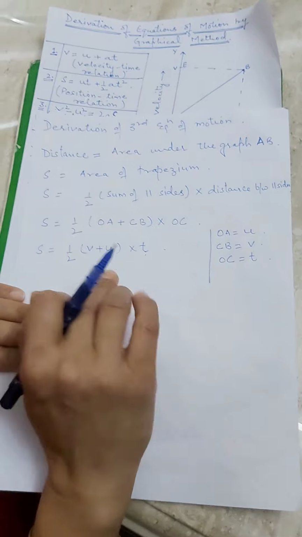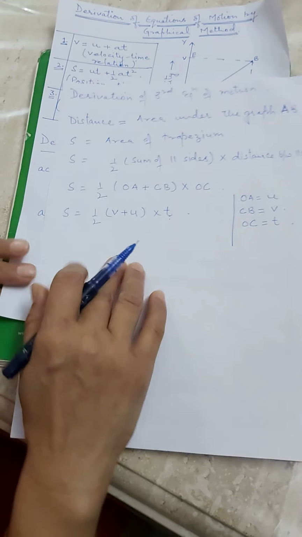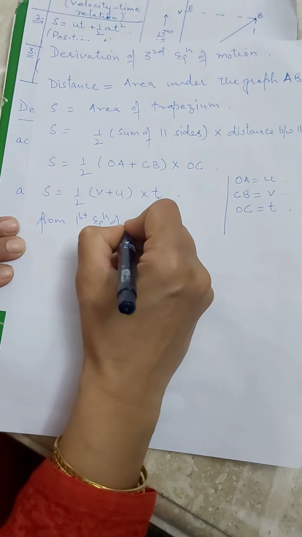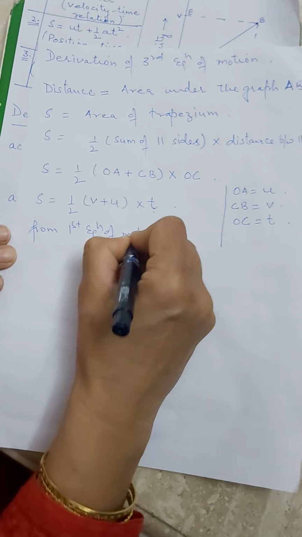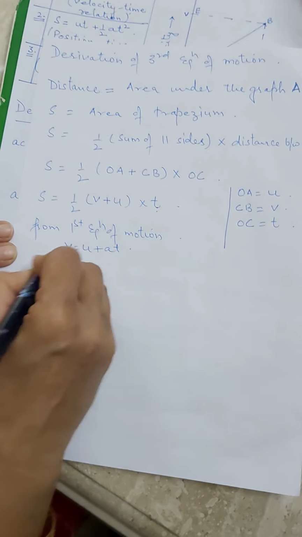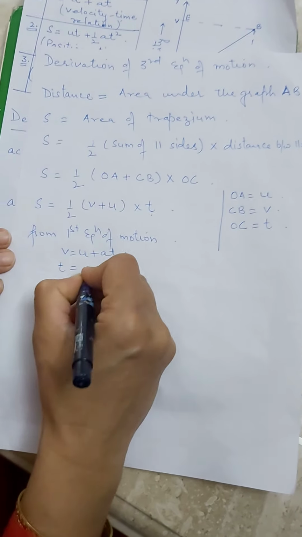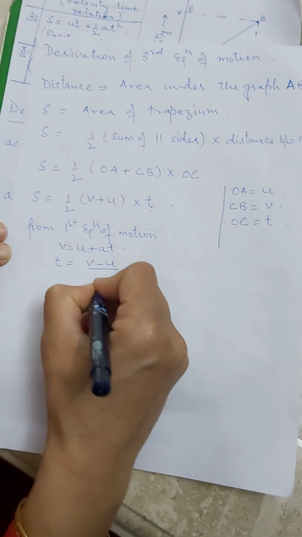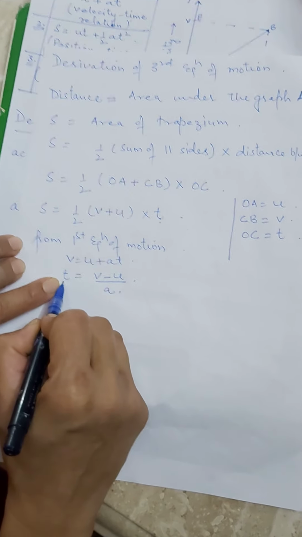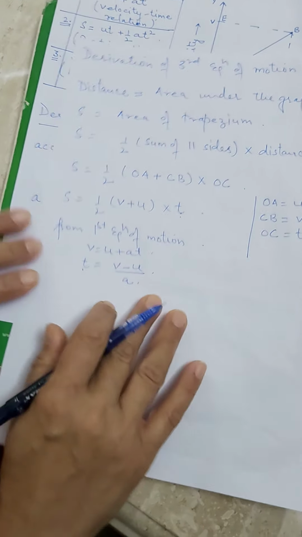So how to eliminate time? Again using the first equation. From the first equation of motion, V is equal to U plus AT, and T is equal to V minus U by A. Put this value of time in this equation.